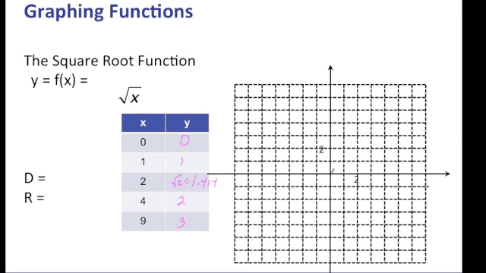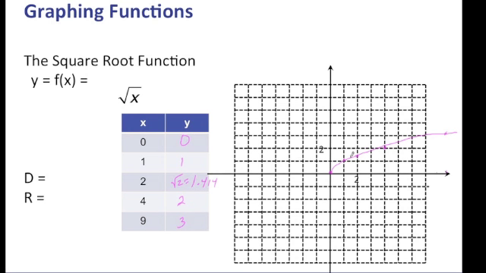So graphing those, we have 0, 0, 1, 1, approximately 2 and 1.4. 4, and the square root was 2, and then I went to 9, and the square root is 3. So it looks like this.